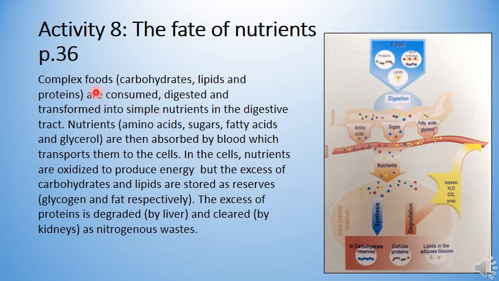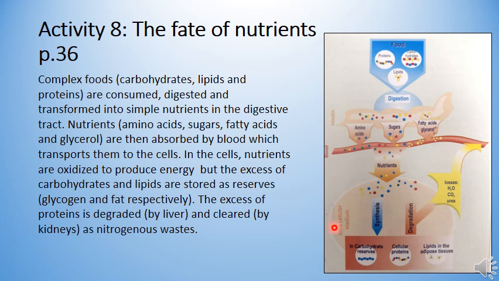As you can see in this document, complex food, for example, carbohydrates, lipids, and proteins, are first consumed, then digested by our digestive system, and transformed into simple nutrients in the digestive tract. These nutrients, which are amino acids, sugars, fatty acids, and glycerol, are then absorbed by the blood, which transports them to all the cells of the body.